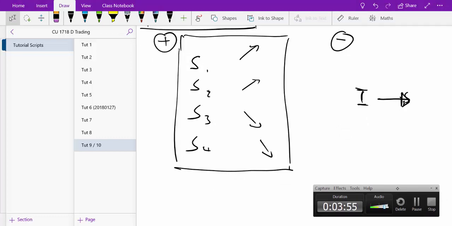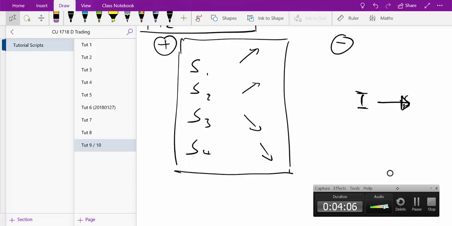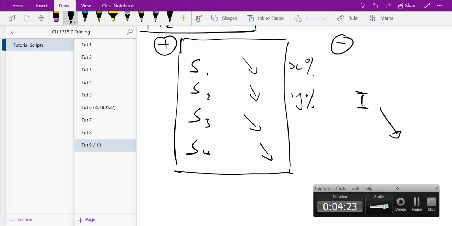Now, the further point to make is that even if the stocks are correlated with each other, so they all move this way, which means your index will be doing that, as long as they move by different amounts, X%, Y%, Z%, or A%, then they are correlated but not co-integrated, and you will still make money.